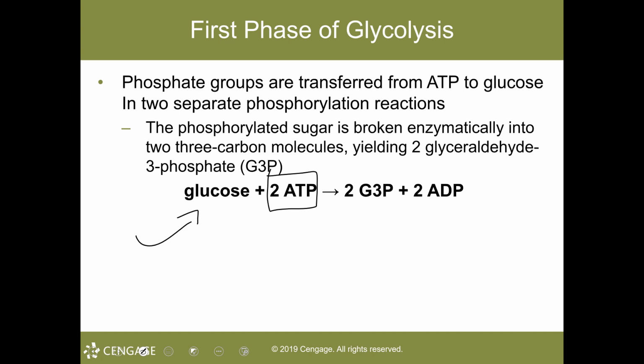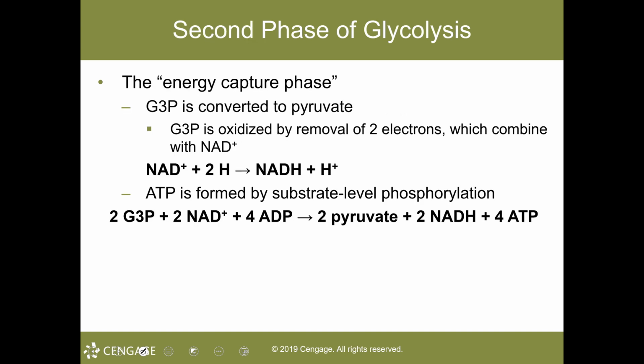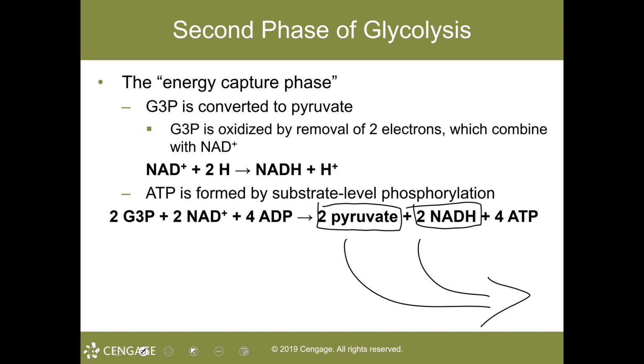You'll get more on this when we get to photosynthesis. The second phase is where we get the 2 pyruvates and those 2 NADH, both of which will then leave and move on to the mitochondrion, if oxygen is available.